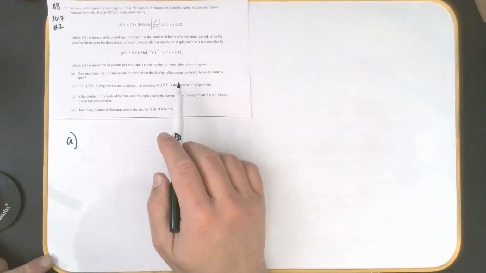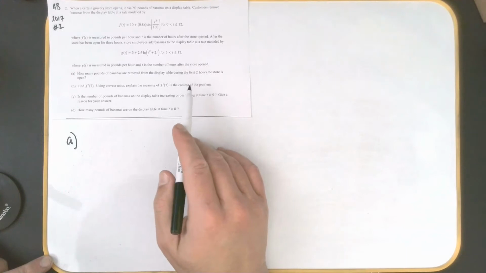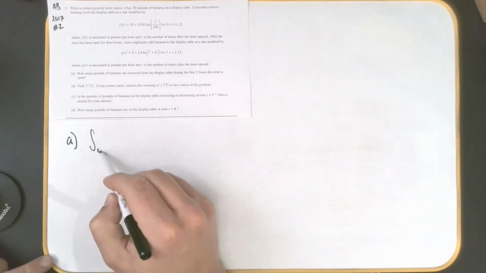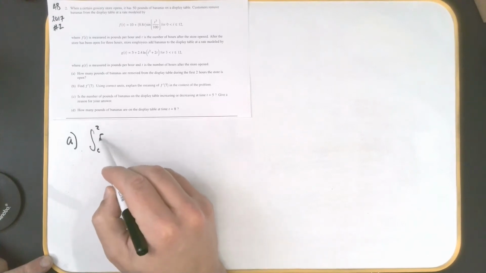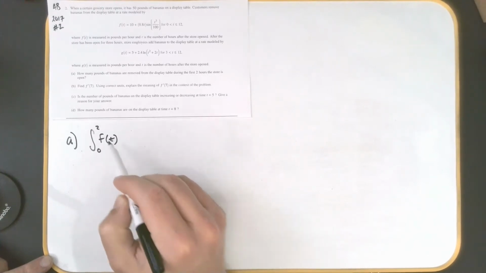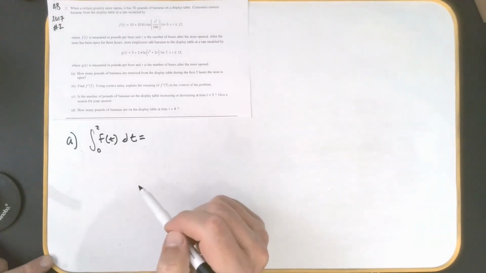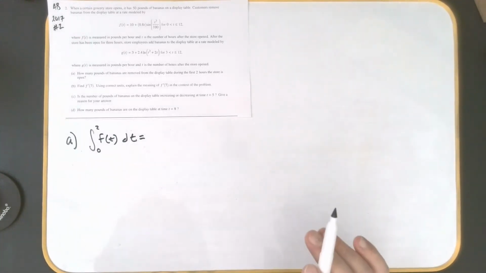Well, then I just need to integrate the rate the bananas were being removed. The rate they were being removed is the f of t equation. So if I integrate from 0 to 2 of f of t dt, I should be able to get the amount of bananas that were removed from the table. So that's going to be a calculator question.